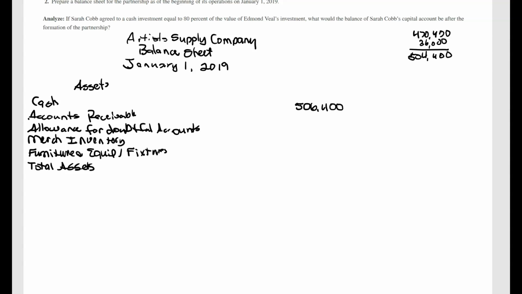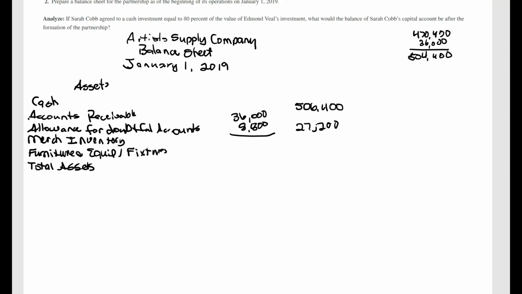Okay, accounts receivable, if you go back to the problem, accounts receivable was at $36,000. But then we have the allowance for doubtful accounts that they agreed upon of $8,800, which is a net value of $27,200.